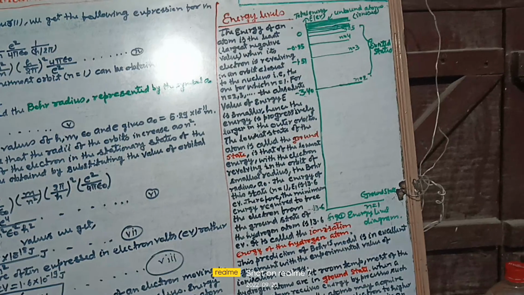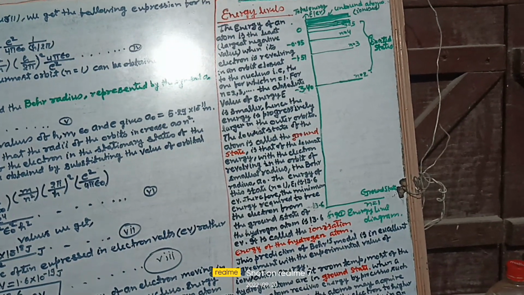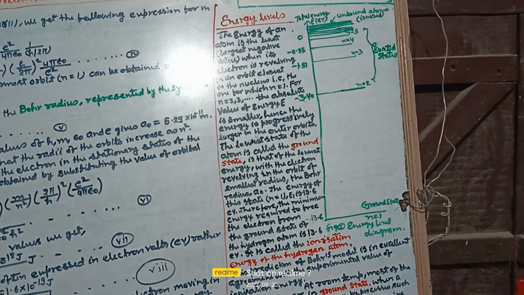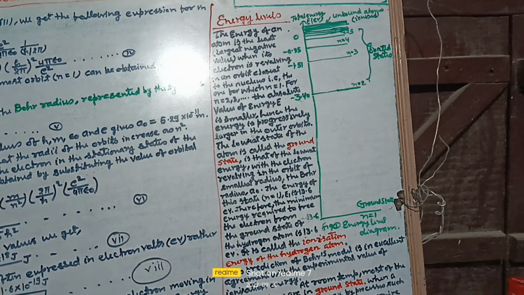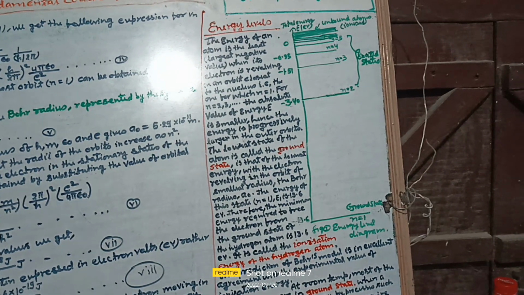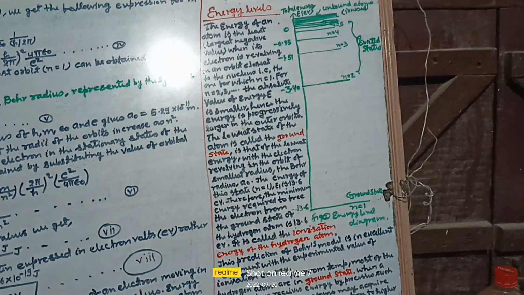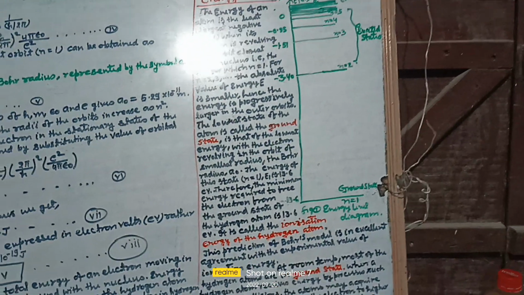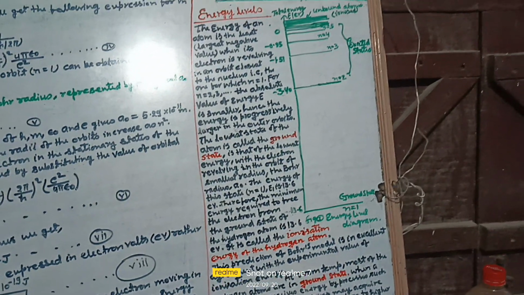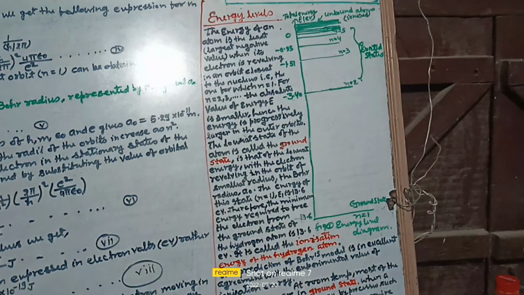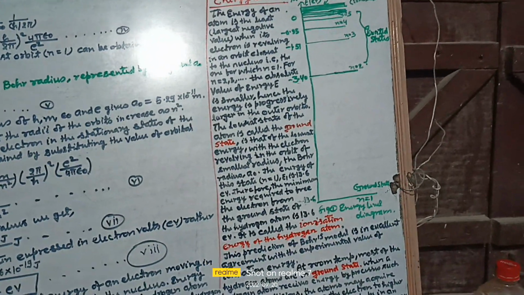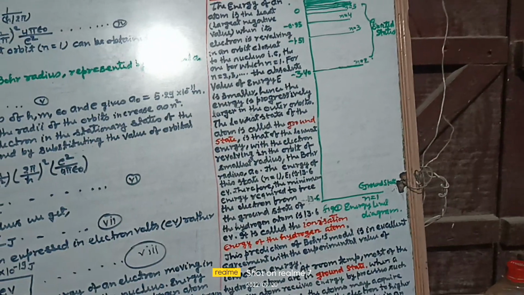It is that of the lowest energy, with the electron revolving in the orbit of smallest radius, the Bohr radius a0.